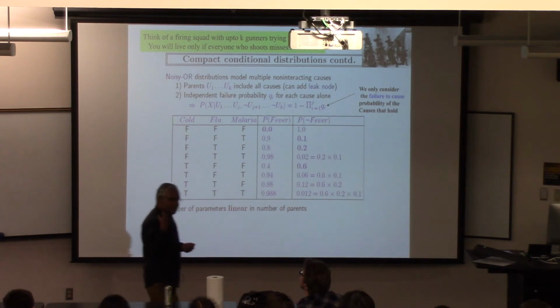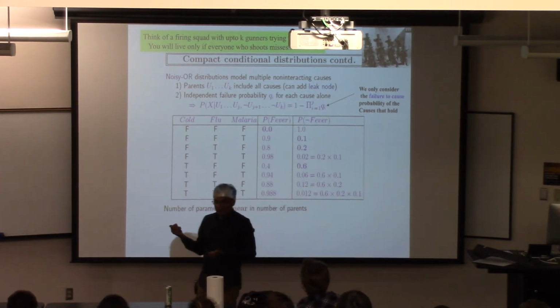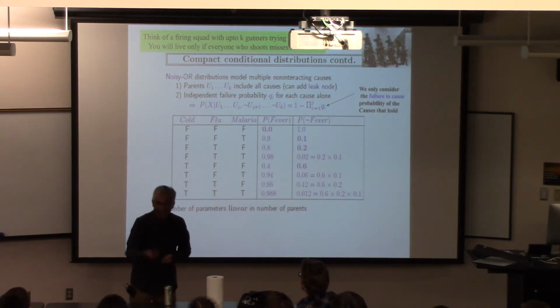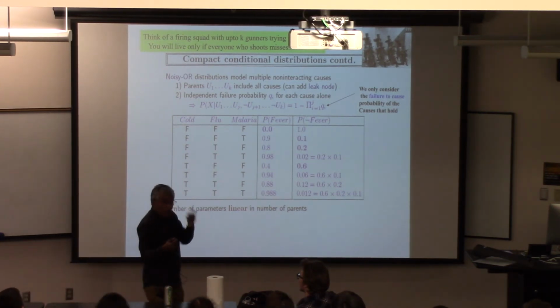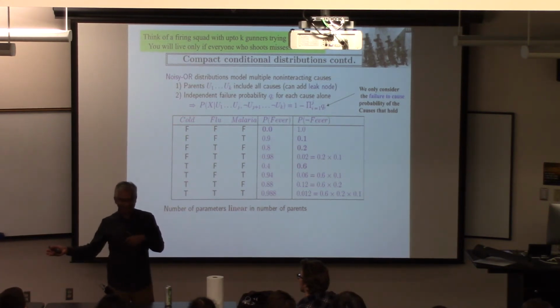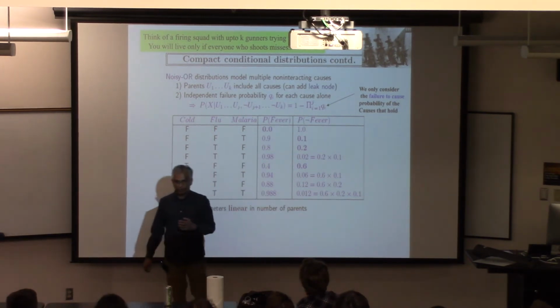If the probability each of them misses is, let's say, p, then the probability that all of them will miss will be p times p times p times p, p to the power 50. If so, the probability that you'll actually die is every other case, which is 1 minus this. You see what I'm saying? This firing squad is what is captured by the noisy-OR distribution.